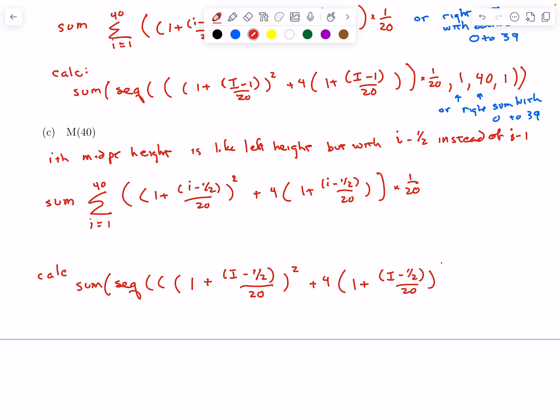Close the multiply by the width parentheses. And then the calculator tells you to put in the variable name and the bounds. And the step. And again, I talk about the step on the other handout.